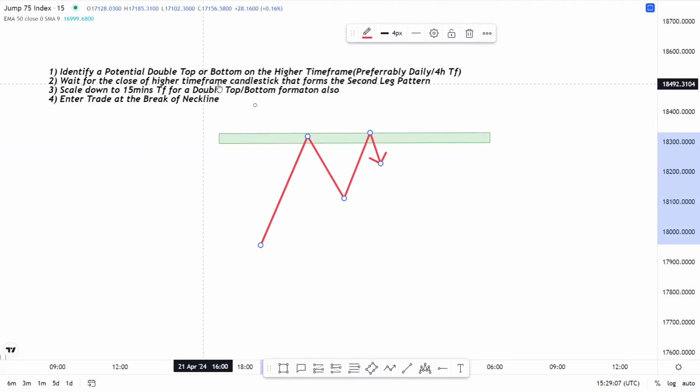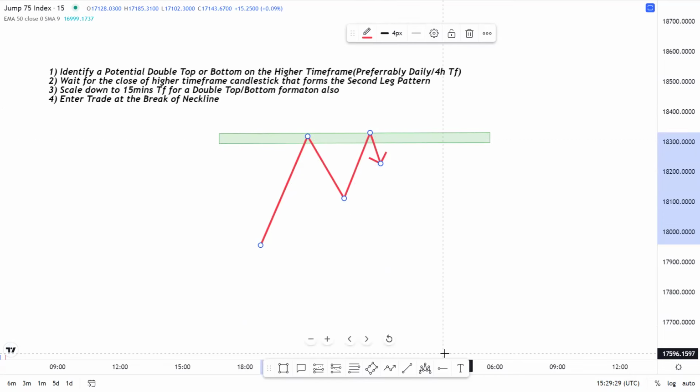wait for the close of the 4-hourly time frame candlestick, the higher time frame candlestick rather. We're assuming we're using the 4-hourly time frame for this illustration. So you want to wait for the close of the 4-hourly candlestick that trades back to retest this resistance level, forming the second leg of the M pattern.